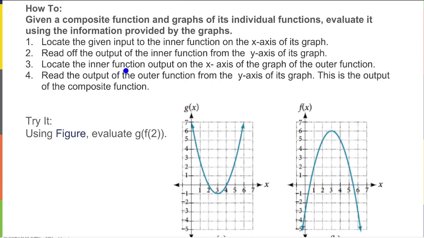Then you locate the inner function output on the x-axis of the graph of the outer function and read the output. So when we're doing g of f of 2, we locate 2, find the point, substitute that in for g, locate it on the x-axis, and then go up and find the output.